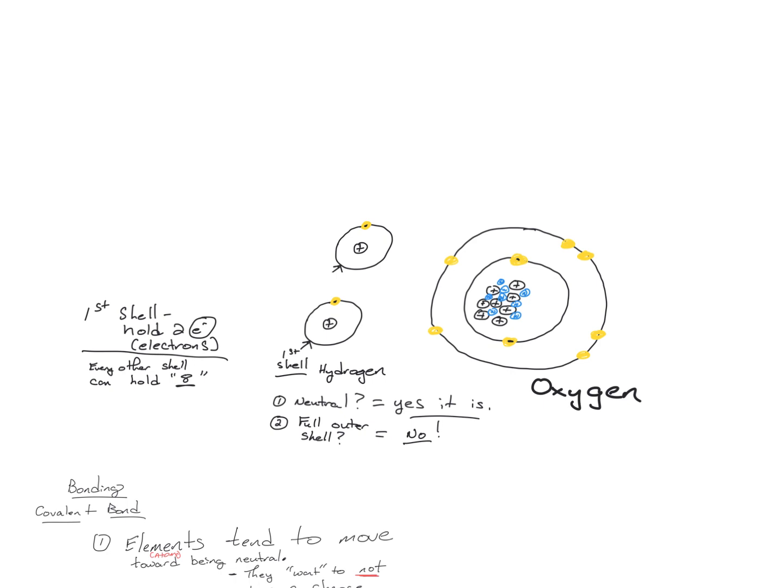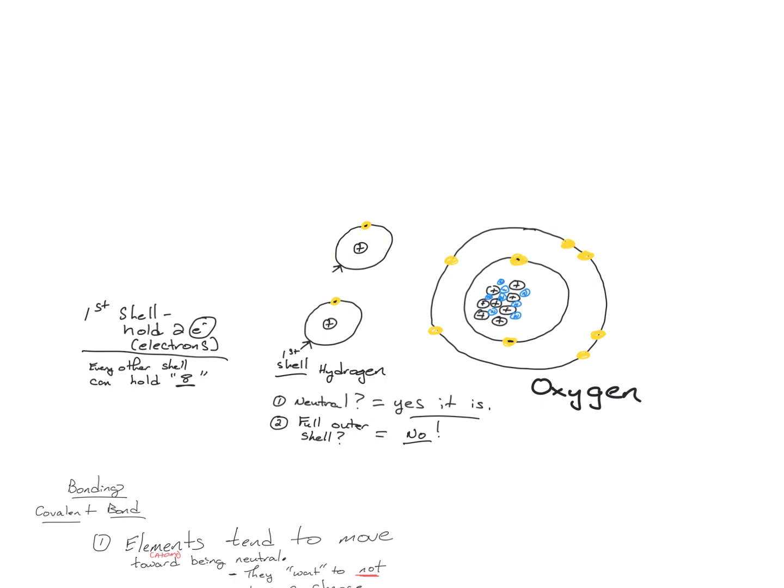Because how many does it need in the outer shell? 8. It only has 6. It has 2 in the inner shell, you're right, but it doesn't have 8 in the outer shell. It needs 8 in the outer shell to be satisfied, but it can't take 2 more, because if it took 2 more, then it'd have a negative 2 charge. And it doesn't want to be negative.